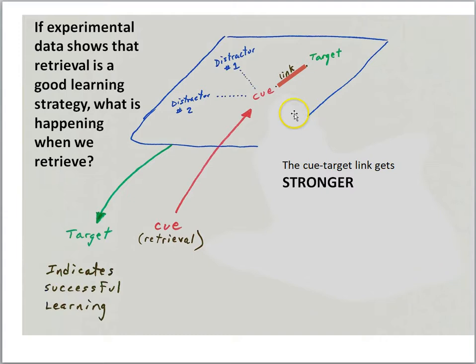Well, one idea is that whenever we retrieve information, so we've got some cue, some question or whatnot, and then we're seeking the answer to the question, whenever we retrieve the target, we actually make the link between the cue and the target stronger. So the current suggestion in the psychology literature is that retrieval is not just assessing whether the link is present, but each time we retrieve, we're making that link stronger.